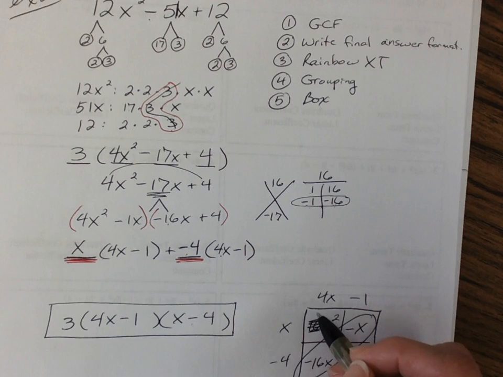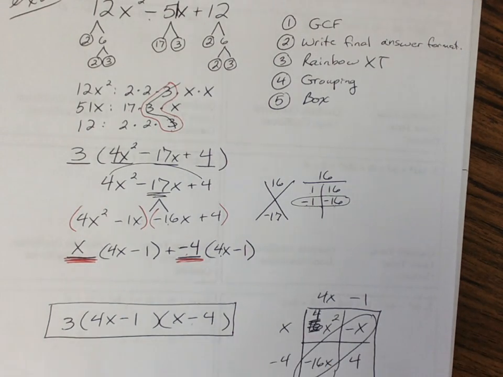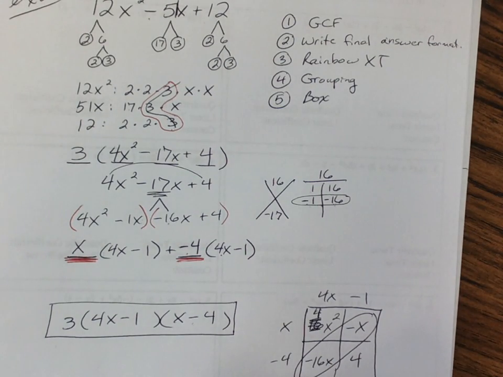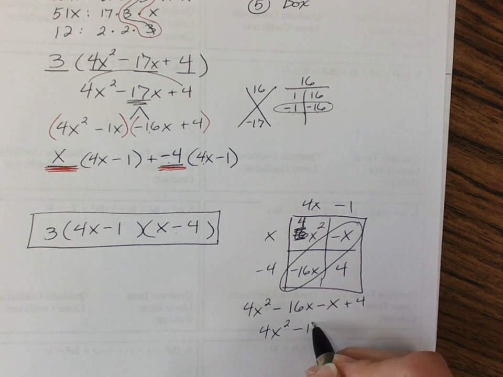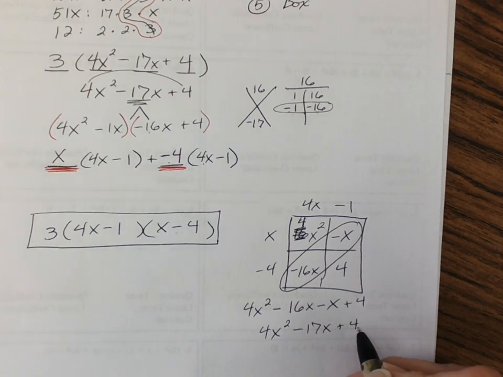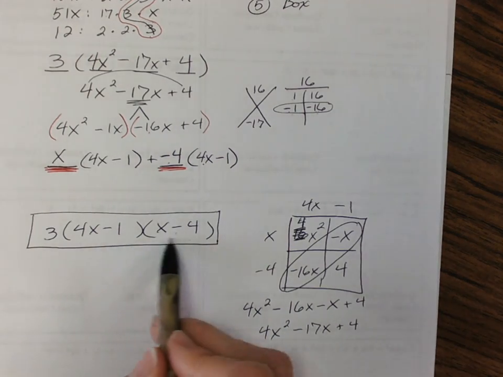Sorry, that's not 16. That's 4x squared. I'm trying to go too fast here. So I have 4x squared minus 16x minus x. Those are my middle terms, plus 4. And that does give me 4x squared minus 17x plus 4.